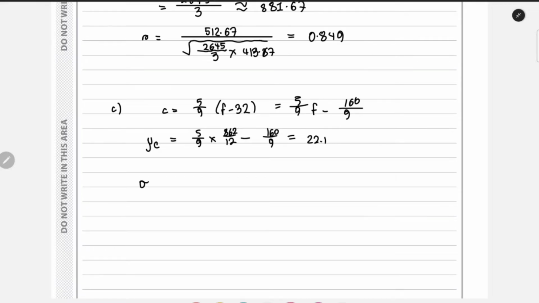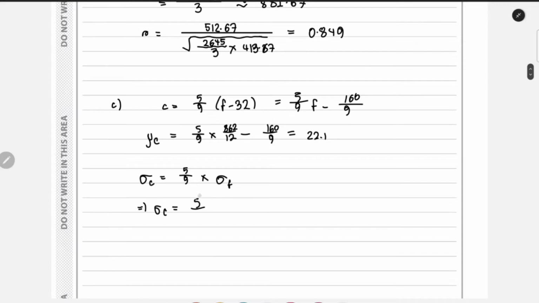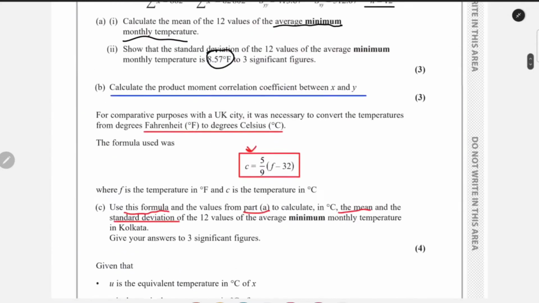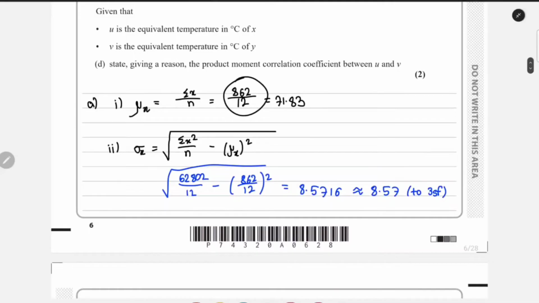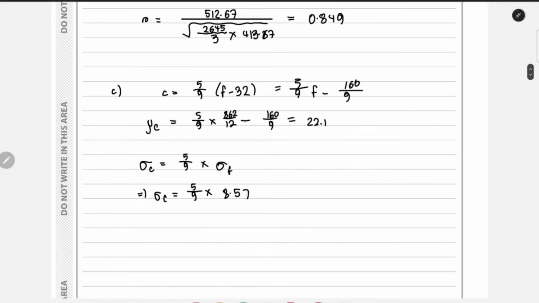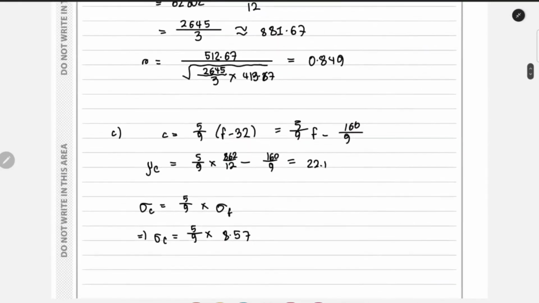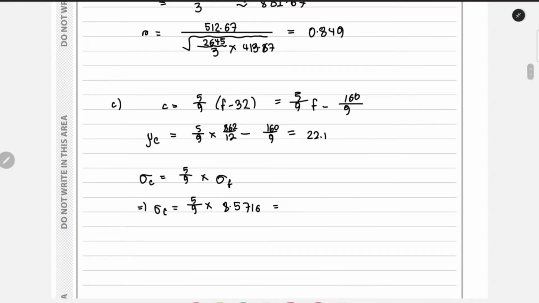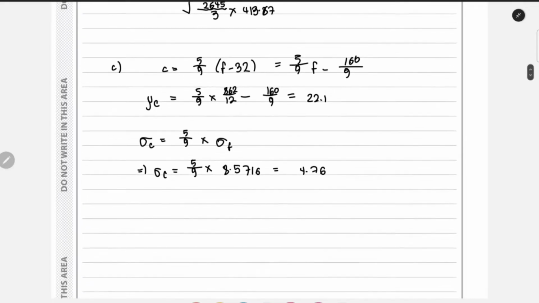And as for the standard deviation, the standard deviation of C is 5 by 9 times the standard deviation of F, which was 8.57 over here. So 5 by 9 times 8.57, this is equal to 4.76. That's it for C.